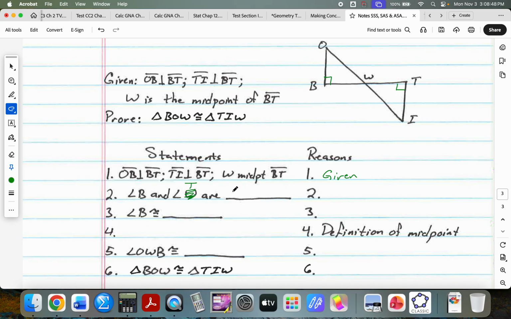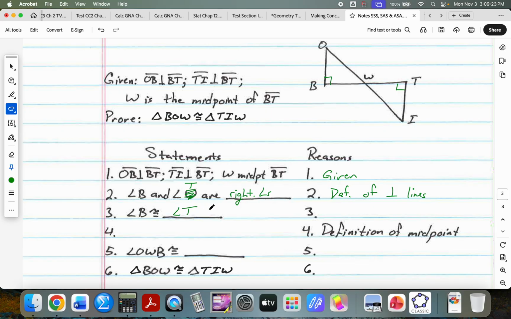Angle B and angle T are right angles. How do I know that? Well, that's the definition of perpendicular lines. If I've got perpendicular lines, they're going to make right angles. Then it says, well, angle B is congruent to something. What is it congruent to?